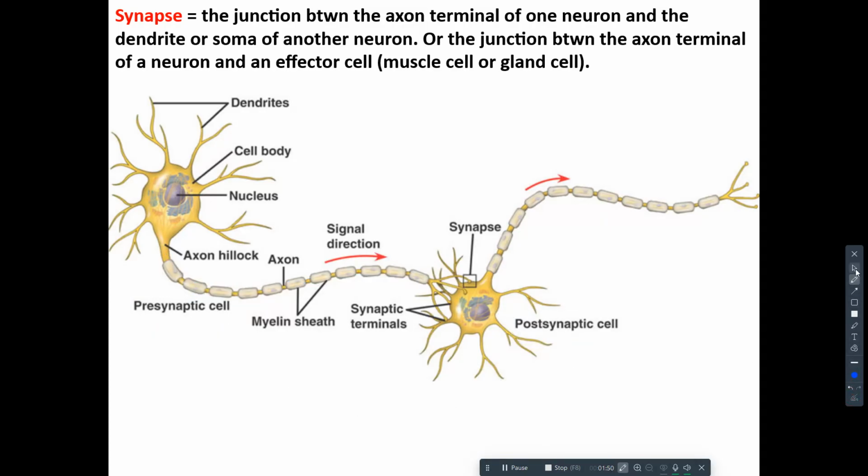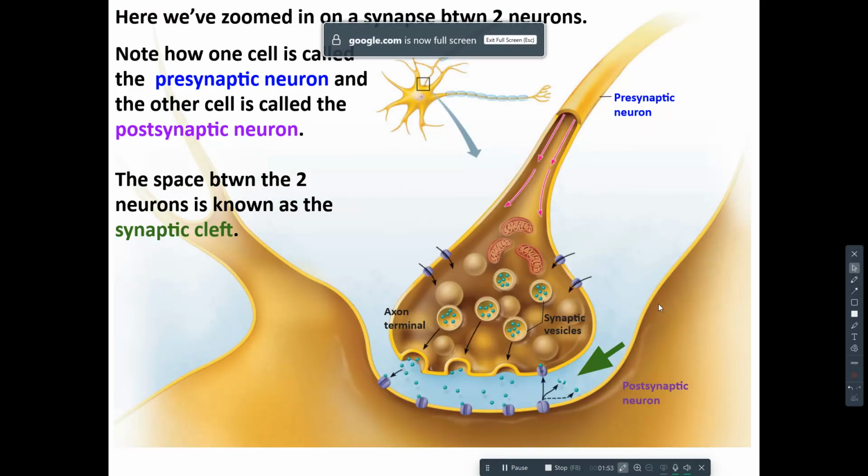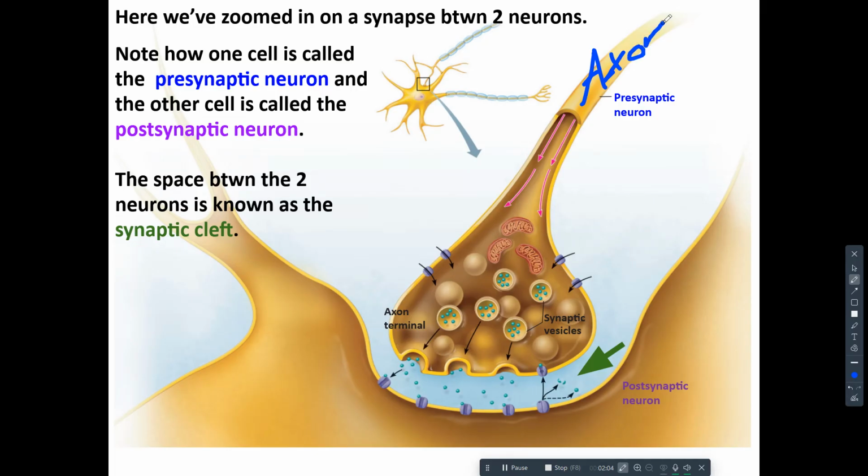All right, let's zoom in on a synapse. We've done that here. So here is my presynaptic neuron. This is its axon right here, probably the telodendrion of an axon to be exact. Now down here is the axon terminal.